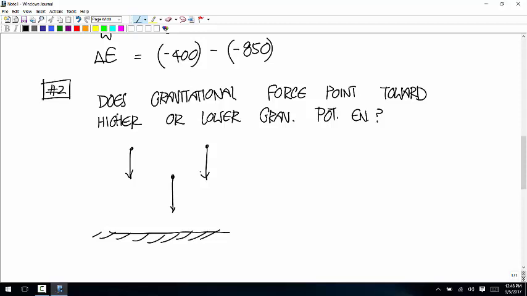Where is gravity? So it's pointing down. Does potential energy due to gravity get higher as you get higher or get higher as you get lower? Yeah, the potential energy function is mgh. So gravitational potential energy gets bigger as h gets bigger. And so this is high potential energy, this is low potential energy.